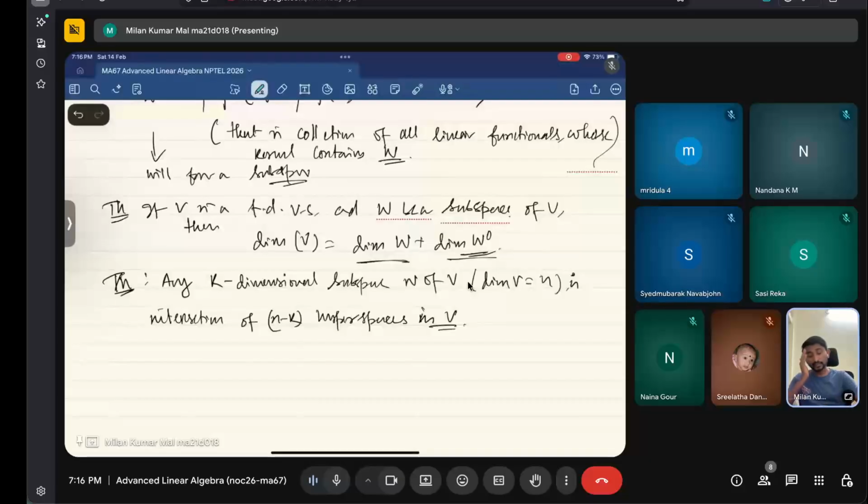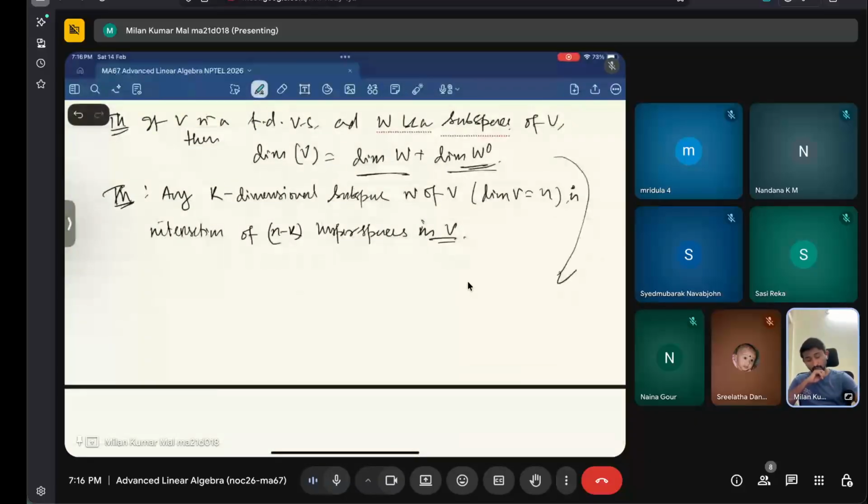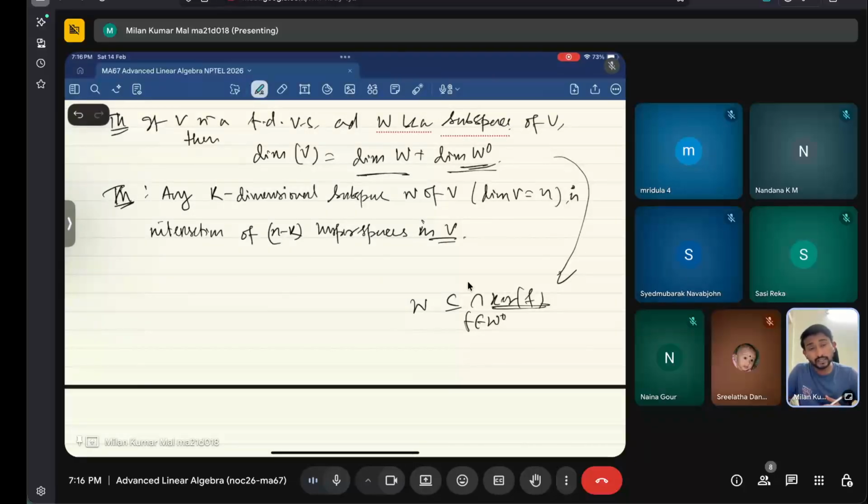So from here you can say that W is a subset of the intersection of the kernel of F, where F comes from W naught. But these kernels of F are hyperplanes, so W is inside the intersection of some hyperplanes. W naught is also a subspace, and the dimension of W naught is n minus k.